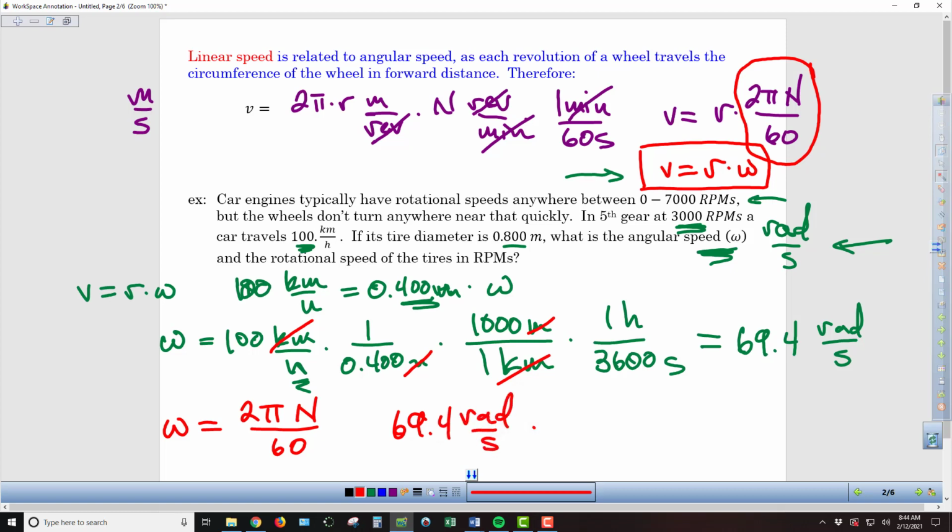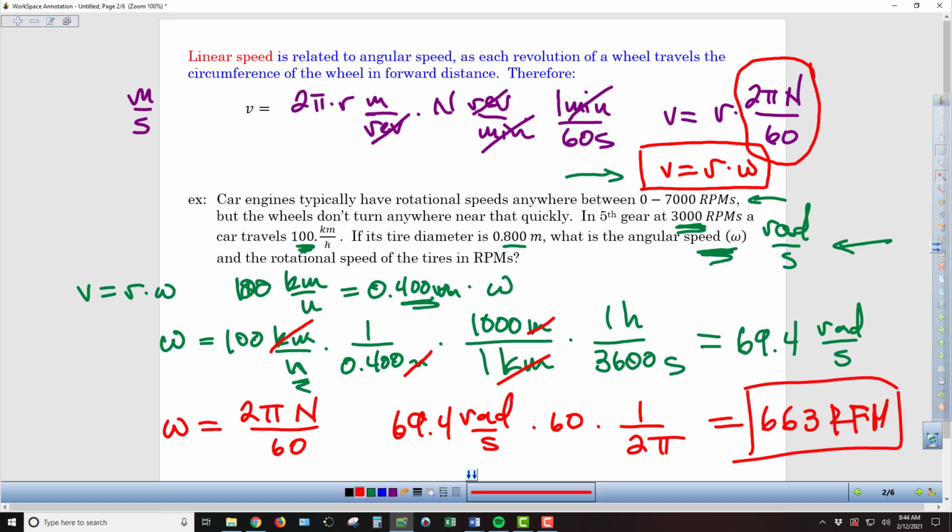I can multiply both sides by 60 and then divide both sides by 2 pi. And so then we end up with an RPM measure of 663. So we've got 663 revolutions per minute for the tires of that diameter to get us moving at 100 kilometers per hour.